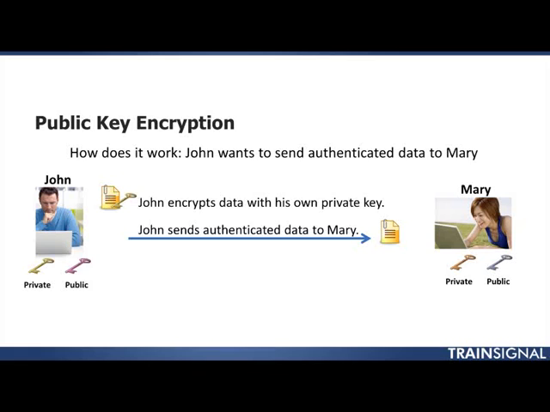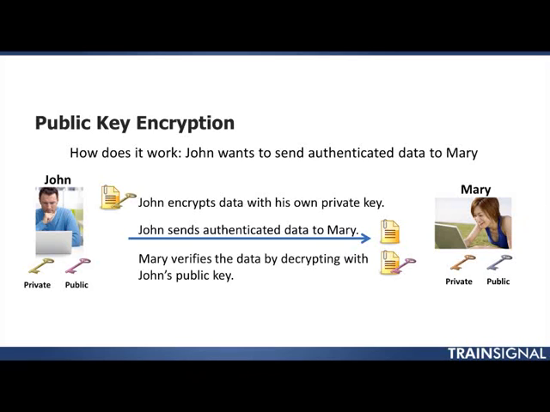If John encrypted with his own private key, Mary's going to have to take John's public key to decrypt the data. Because she decrypted it with John's public key, she knows that it had to have originally been encrypted with the matching paired key, which means it had to be encrypted with John's private key.